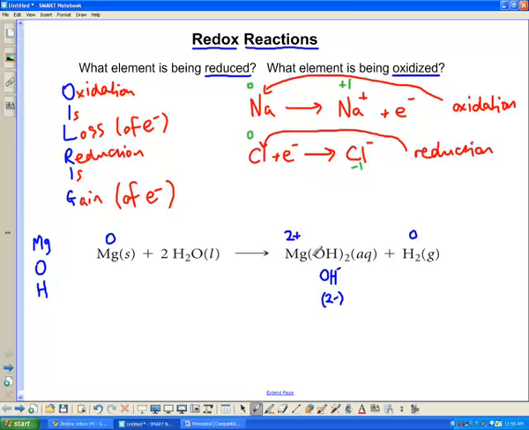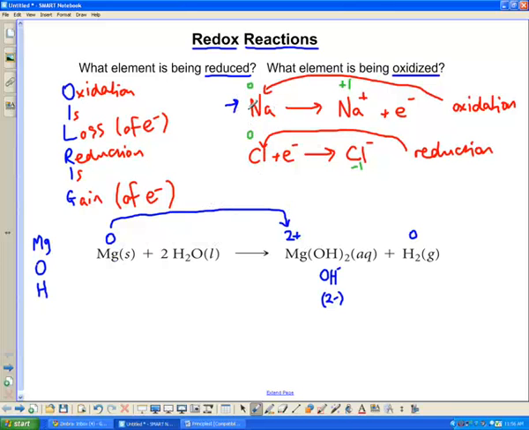So one thing you should be able to tell is 0 and 2 plus, those are not the same. Something has happened going from here to here. Either the magnesium has lost electrons or it's gained electrons. Which of these 2 does the case for the magnesium look closest to? Well, it's this one up here.